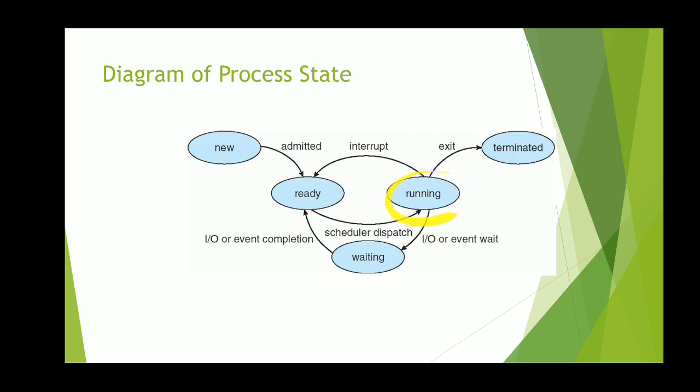During runtime, it will be in the running state, and if the process requests some resources and they are not available presently, it will go to the waiting state, and it will stay in the waiting state till the resource is allocated.